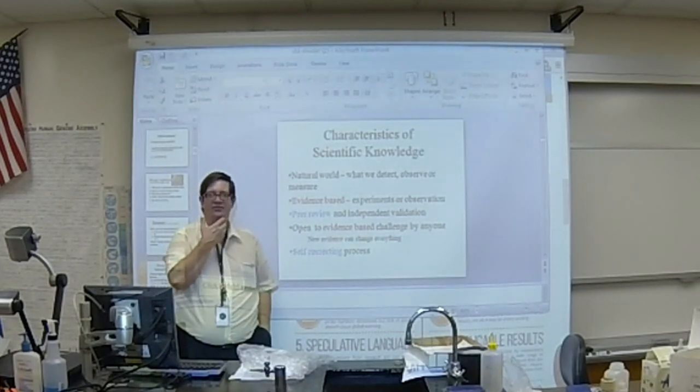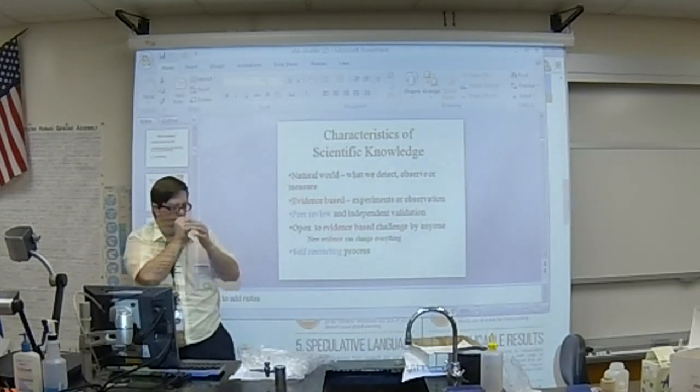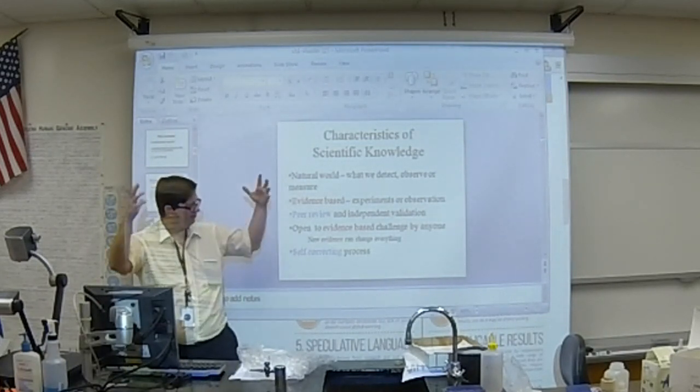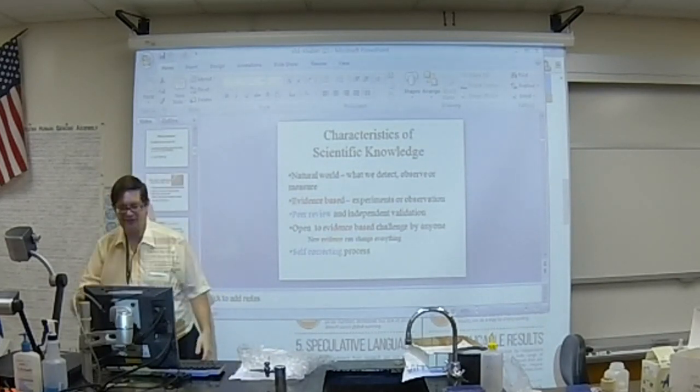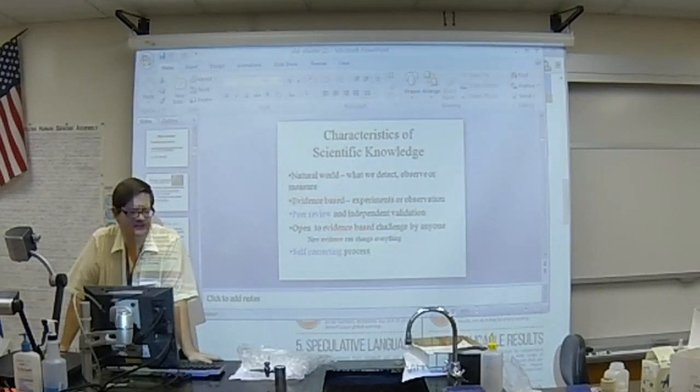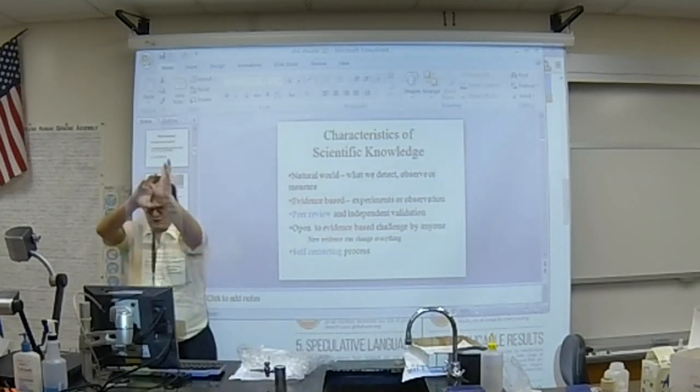That's happened a lot of times recently. There were two guys out in the 90s, Pons and Fleischman, University of Utah, they said, I have discovered cold fusion. Nah, they were wrong. There was a scientist in NASA who, 5 years ago, said, I have discovered life, but not as we know it.